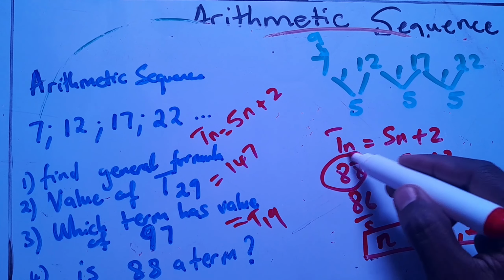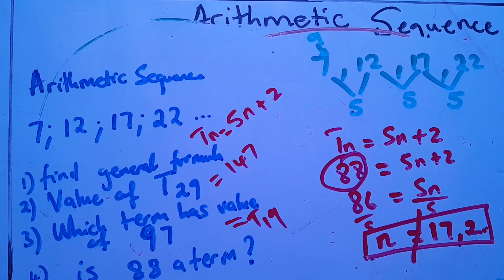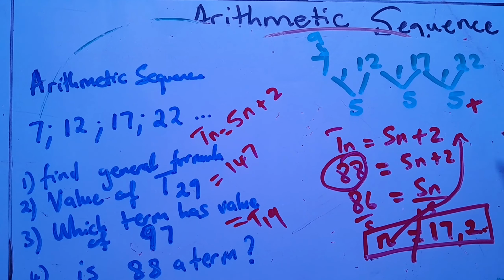So if we have found the value of n as a fraction, it means that this value is not a term in this sequence. It is not a term because the value of n must always be a positive number and also a whole number. So it cannot be a fraction. I cannot say find term number 2.5. It's not possible, right?